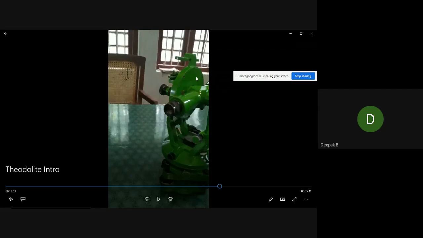And the circular part, can you see the circular part? If the circular part is to the left side of the telescope, you call it face left. Okay, this is very important. Please do note this. When the circular portion is to the left of the telescope, you call it face left.